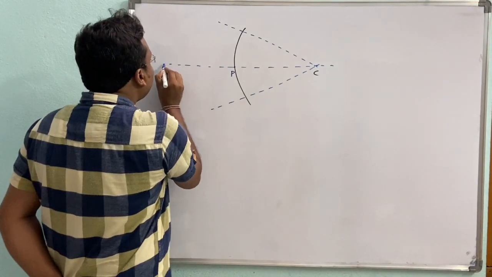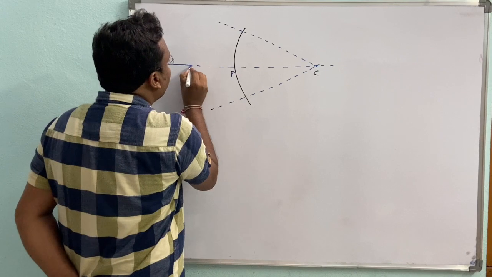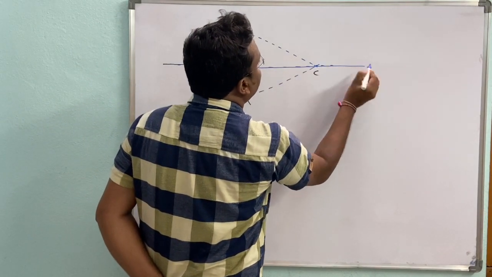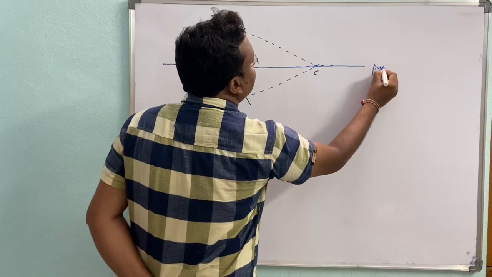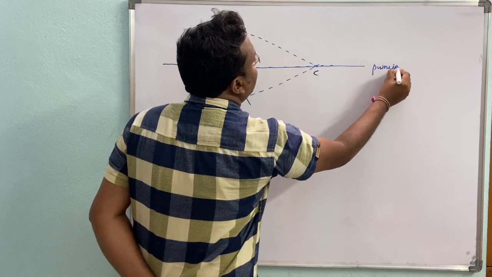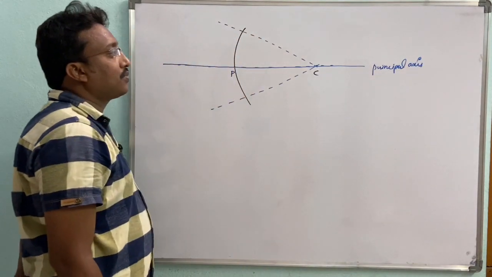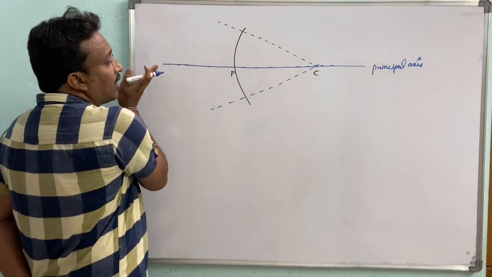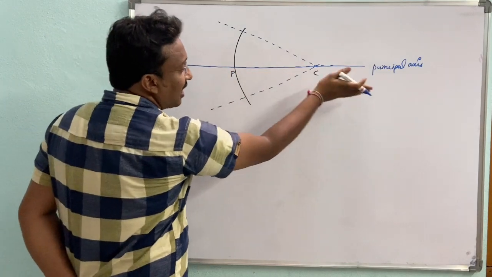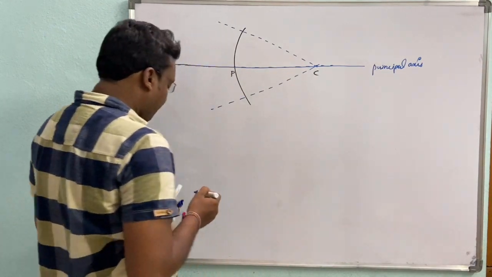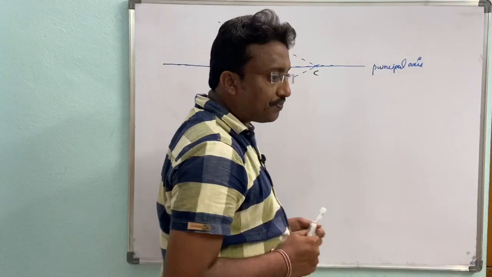The line which passes through the pole and the center of curvature is called the principal axis. Got it?